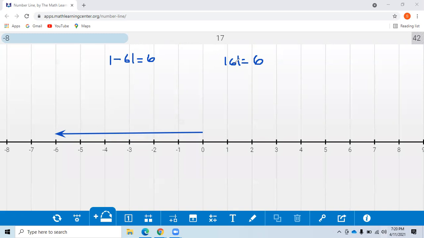They're the same distance from 0 on the number line, but in opposite directions. Opposite numbers have the same absolute value.